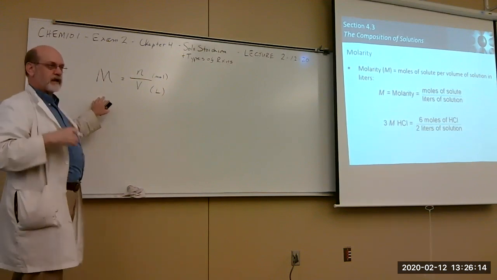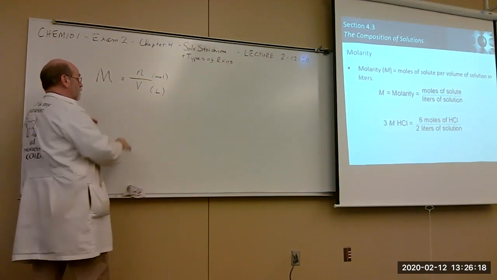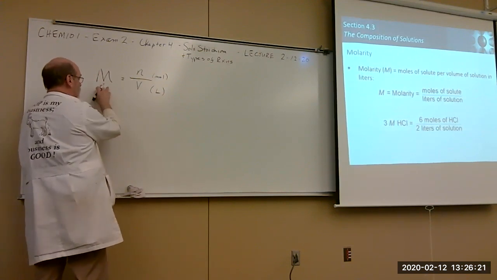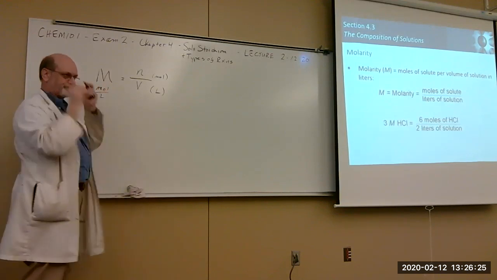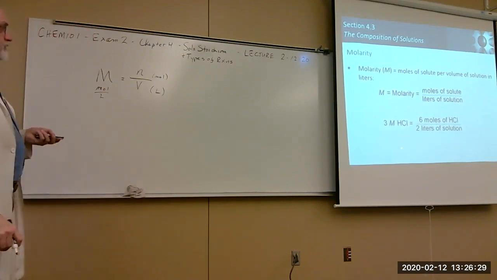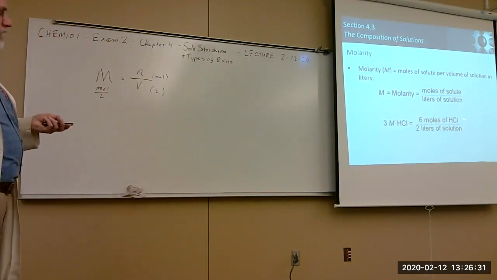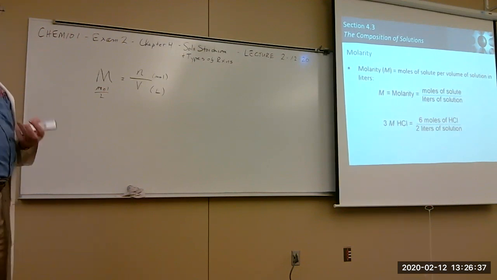So if you're ever doing a unit conversion, or you need to use this formula, just recognize that molarity is always moles per liter. Okay, so if we have 6 moles of HCl, and we dissolve it in 2 liters of solution, we have a 3 molar hydrochloric acid solution.